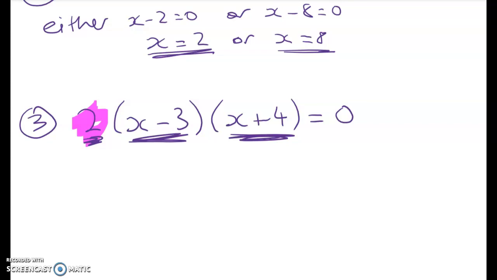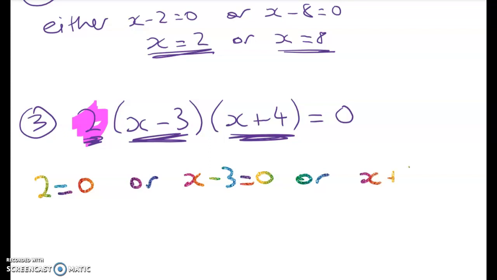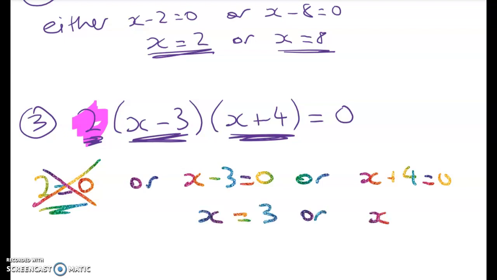So we're back at the same place. We could write it down, though, as either 2 equals 0 or x minus 3 equals 0 or x plus 4 is equal to 0. But this one is never true. So we're back to either x equals 3 or x equals negative 4.